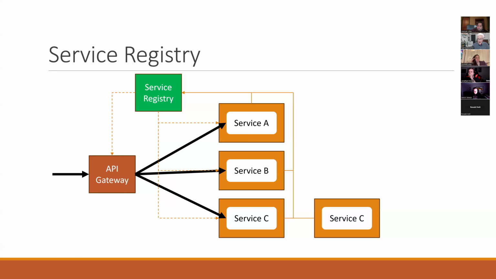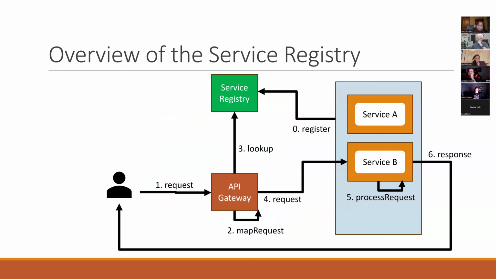What is my REST interface that I can use? Okay, so let's see how that works. If I have a service registry, as a client request comes into the API gateway, the API gateway will map the request that came in. It goes, hey, wait, I know about this.